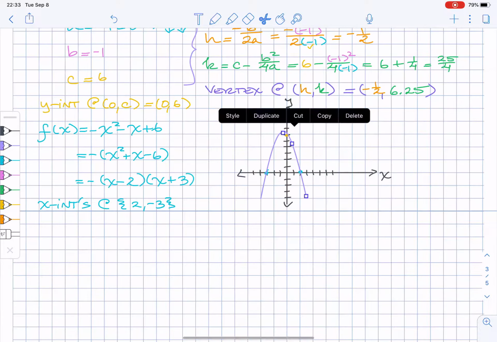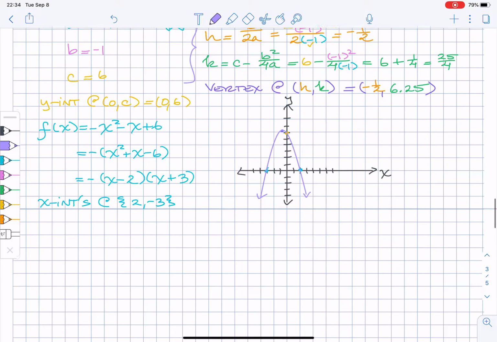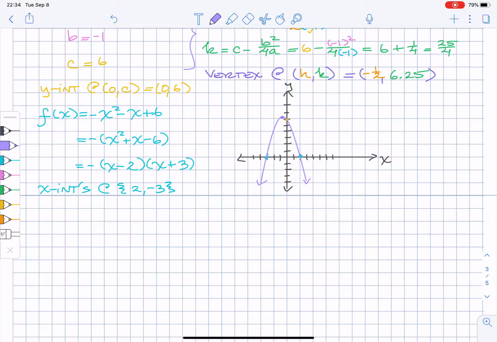Yeah, I guess I can move that down a bit. How does it look? Okay, much better. Okay, so there we are. This is now opening downwards. And so notice that the vertex now is a max. So max at vertex.